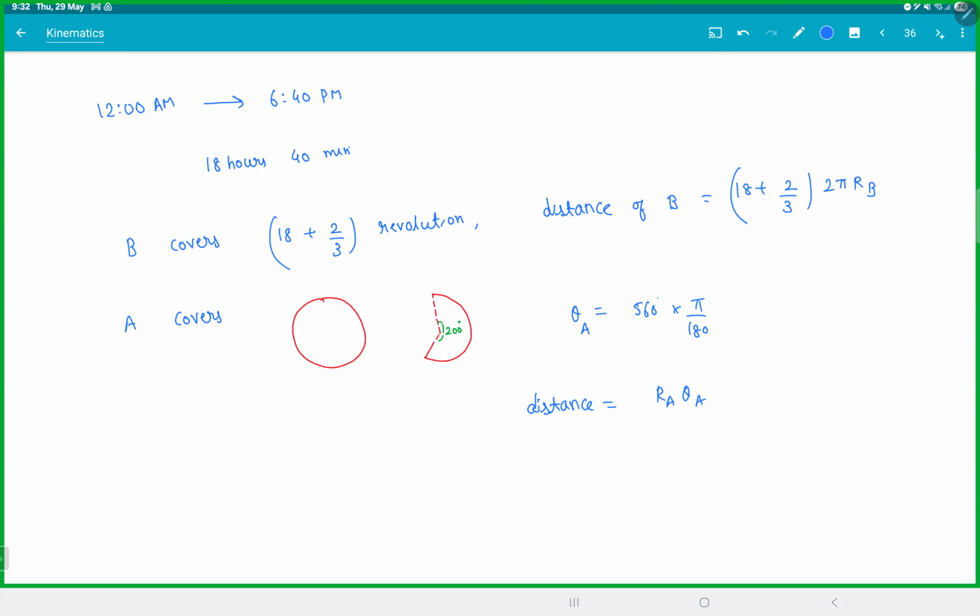So A covers a total angle of 560 degrees. 360 plus 200. Convert that into radians. Radians into radius will give you the distance traveled. One of the most common mistakes is people think it is 6:40 a.m. People think it is 6 hours 40 minutes. So just be careful with that. All clear with this?